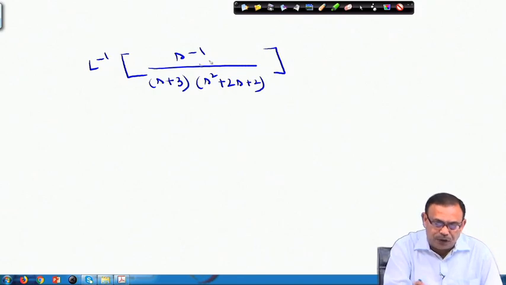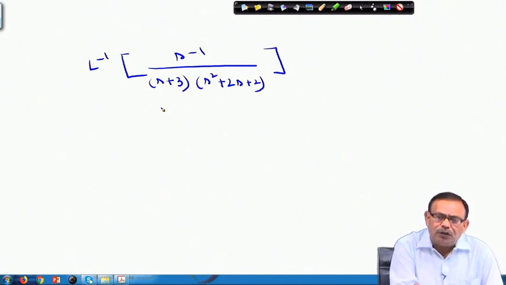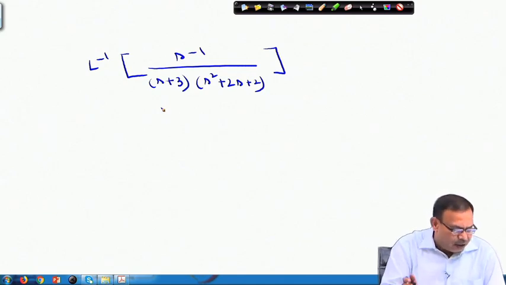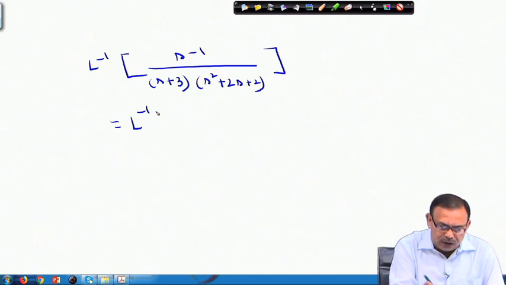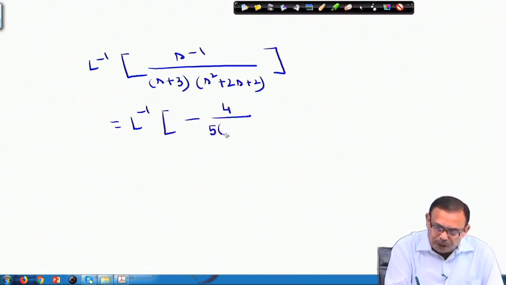If you see, I have to break it; this denominator is having 2 factors, but whenever the denominator is having 2 factors, using the normal mechanism, this equals A by s plus 3 plus Bs plus C by this, I have to break it into functions such that in each denominator there will be only one factor, not more than one factor. So, using that trick, directly I am writing this equals, we can use it as minus 4 by 5 into s plus 3.